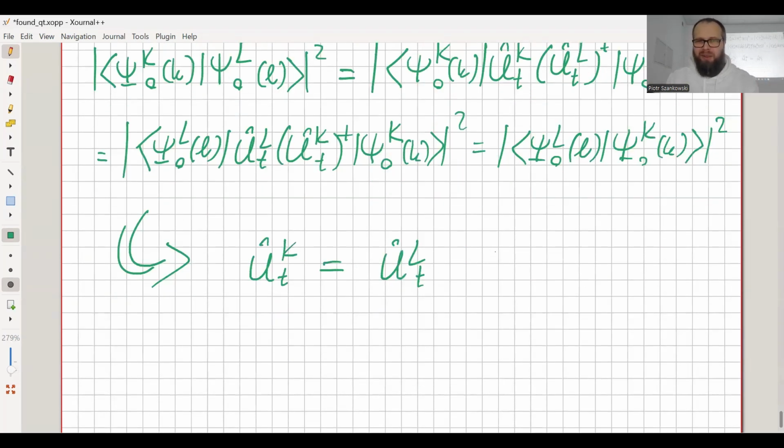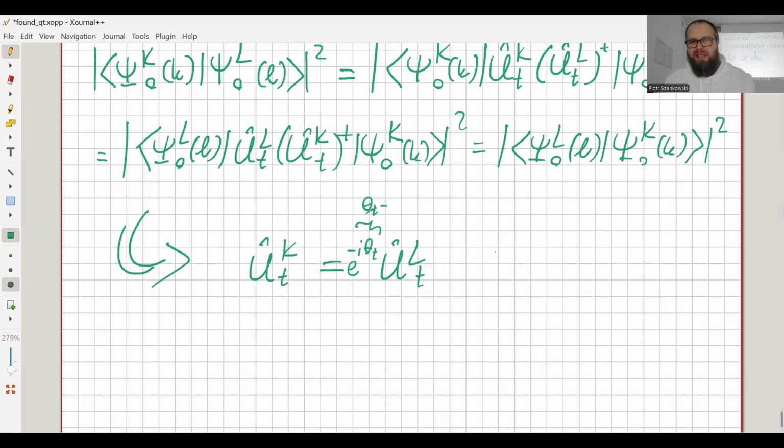If you want to be really pedantic, from these equations you get that there could be some additional gauge phase here that would also satisfy this equation, but you can set it to 0.